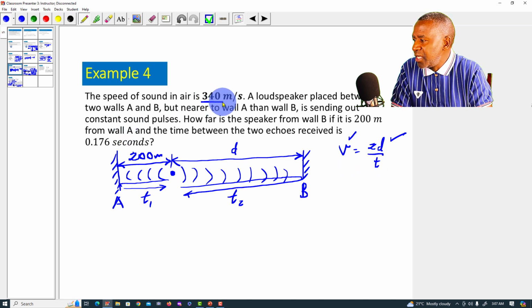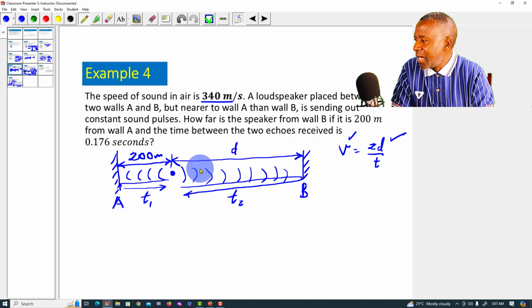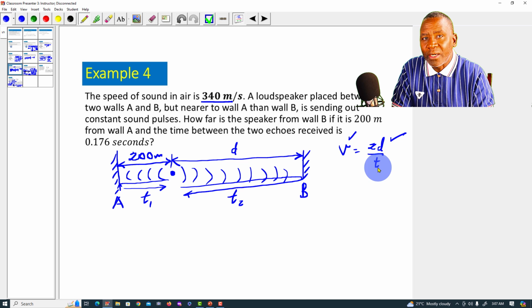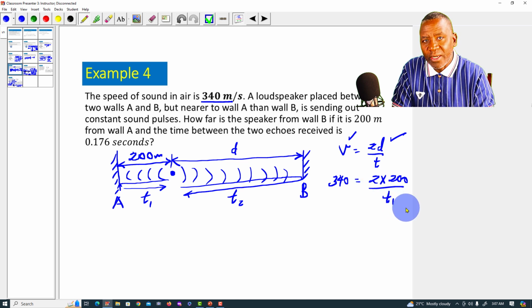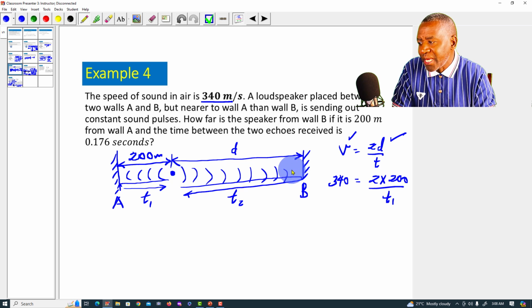We have the speed and we have the distance 200 meters, so it's clear we can get t1, because we are going to say this will be 340, this one will be 2 times 200 divided by t1, and we can get t1. We can repeat the same for the second echo and get t2.